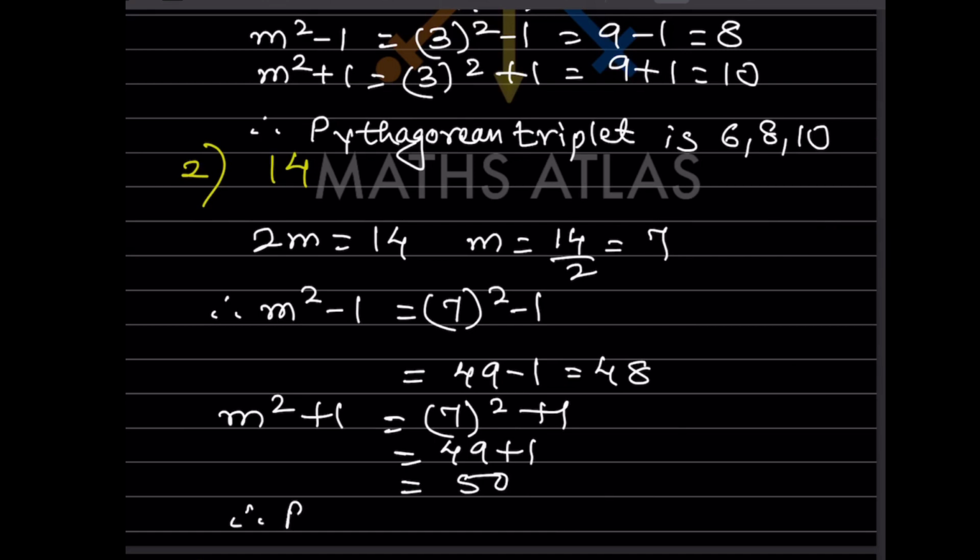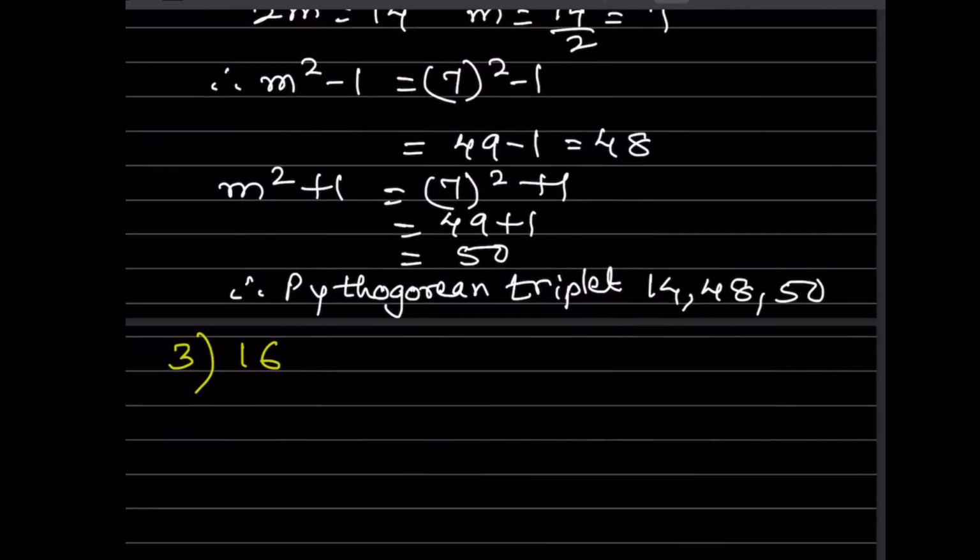So therefore Pythagorean triplet will be, the smallest number is given as the start, what is given in the equation, that is 14. And then you got this one, 48 and 50. So now let us see for 16. So 2m is 16. So m is going to be 16 divided by 2, and that is going to be 8.